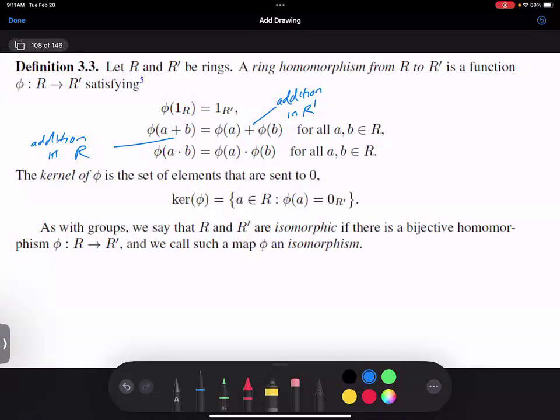Where do you think the additive identity 0R goes? Which identity? The additive identity of R prime. So does phi of the additive identity 0R equal the additive identity 0R prime?